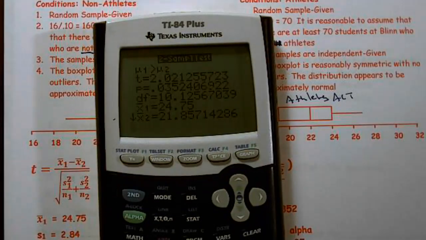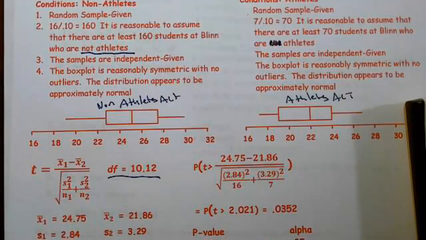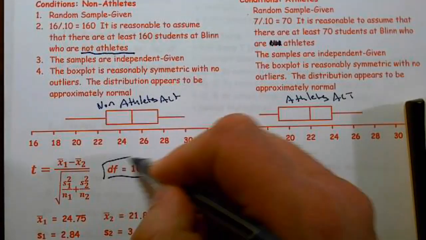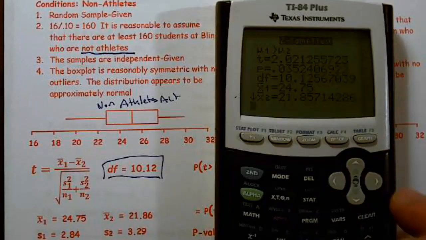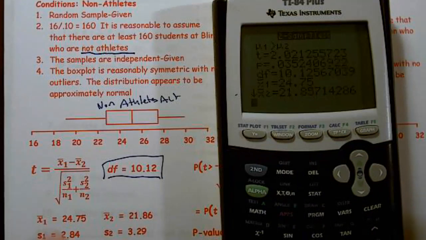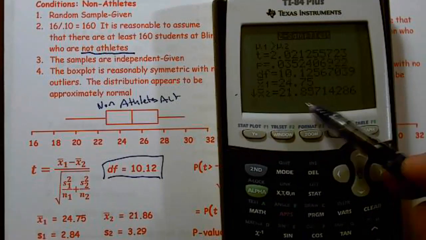Now, the reason I didn't go over the degrees of freedom, we just copied from the calculator. It's a very complicated formula. Not that you couldn't do it, but you don't have to. They'll accept it straight off the calculator. So just go ahead and write it down. But you must write this down. Okay. Now, as I scroll down, we have 24.75 is x bar 1.